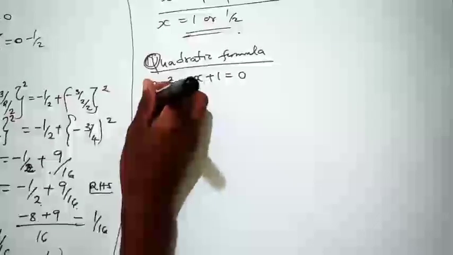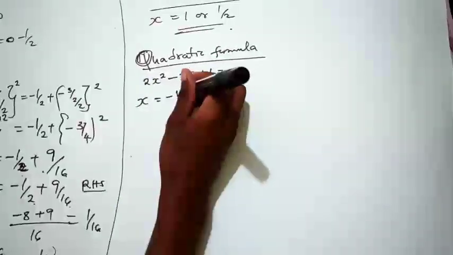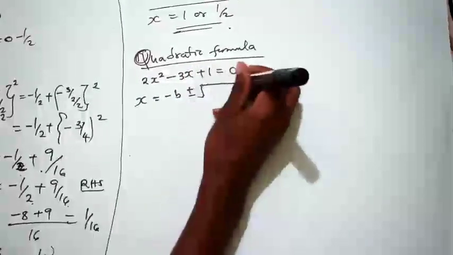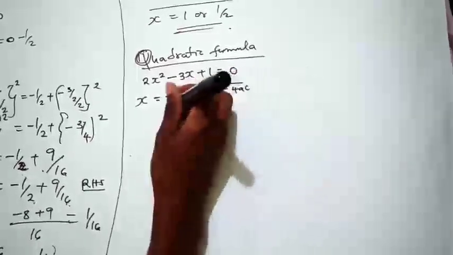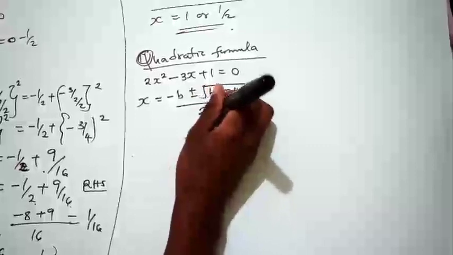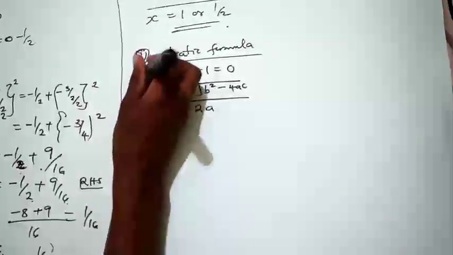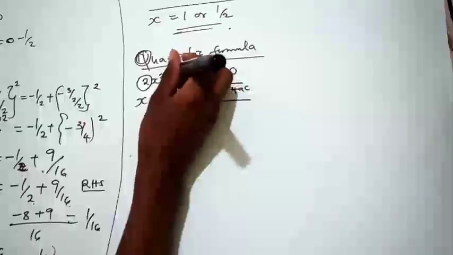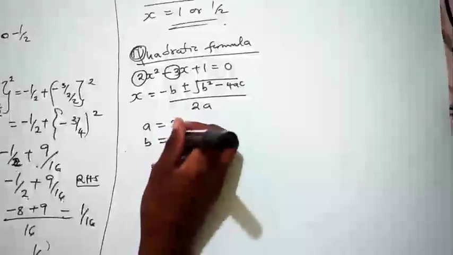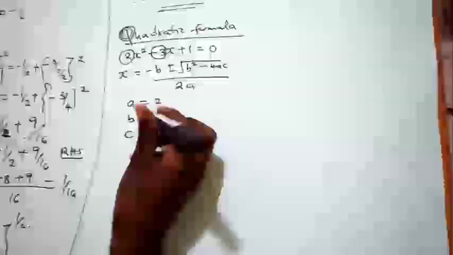The quadratic formula is normally given as x equals negative b plus or minus the square root of b squared minus 4ac, over 2a. In our case, a is 2, b is negative 3, we take it with the sign, and c is 1.